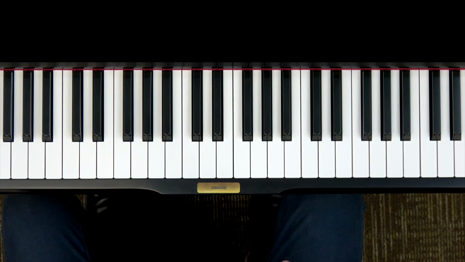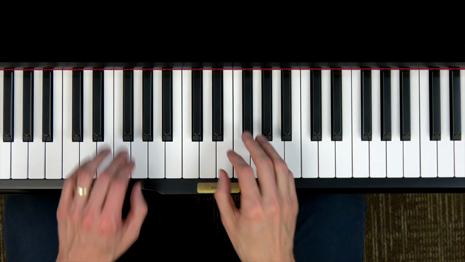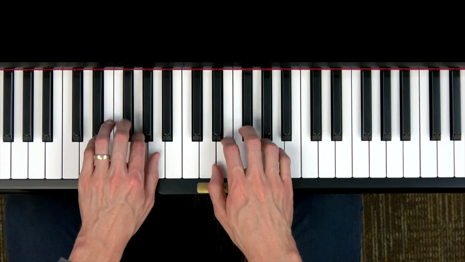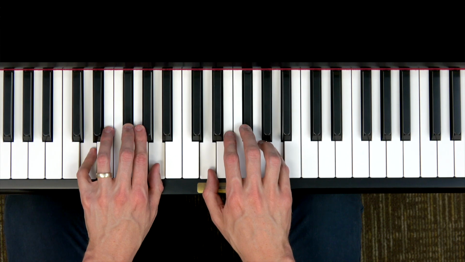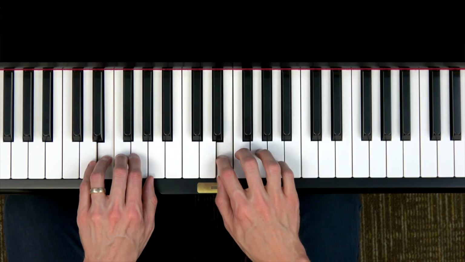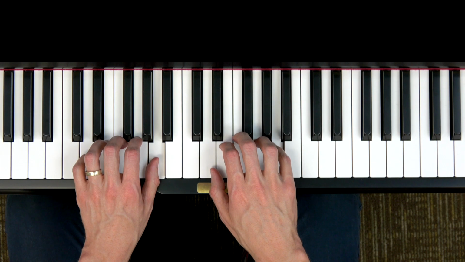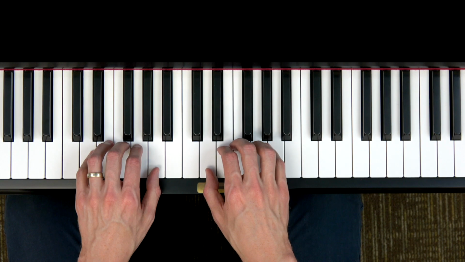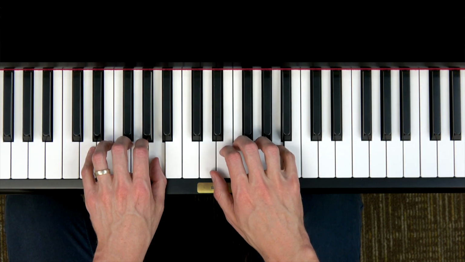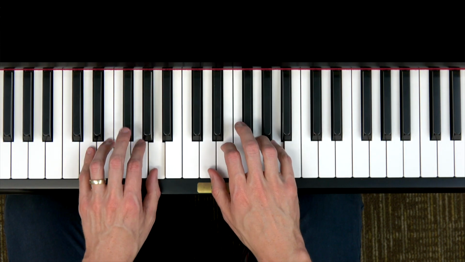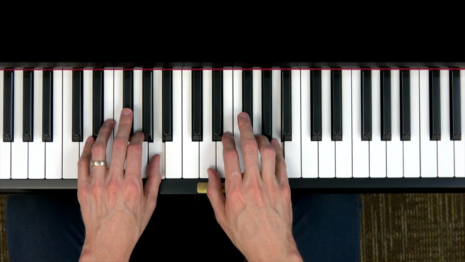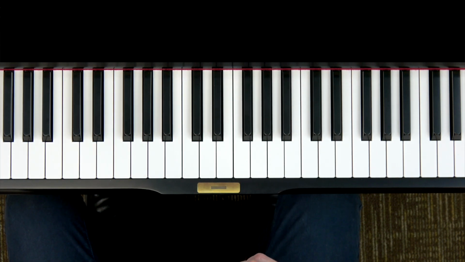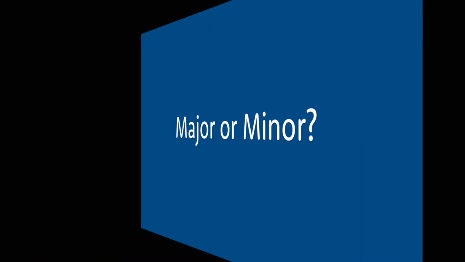You're going to have to just use your ears and tell me if you hear major, which has kind of a cheerful, happy sound, or minor, which has that kind of mysterious, maybe a little bit sad, maybe you think it's adventuresome, but it's a different sound. There's minor, here's major. I'm going to play it in different places on the piano, and you say out loud major or minor, depending on what you hear. Okay, here's the first one.